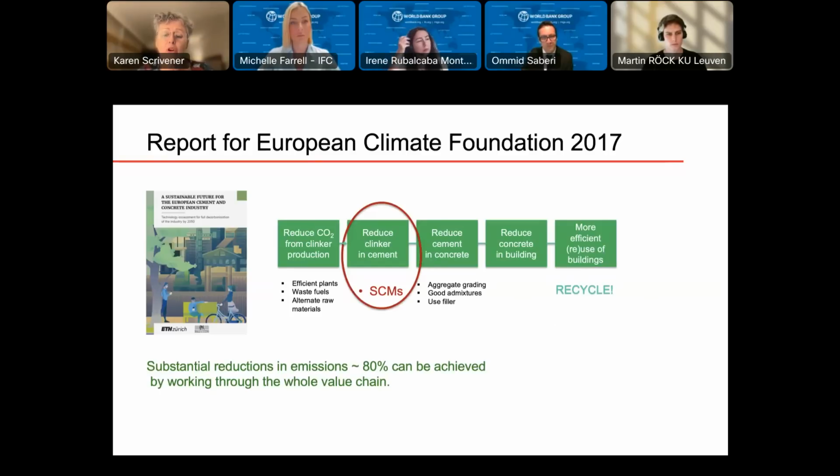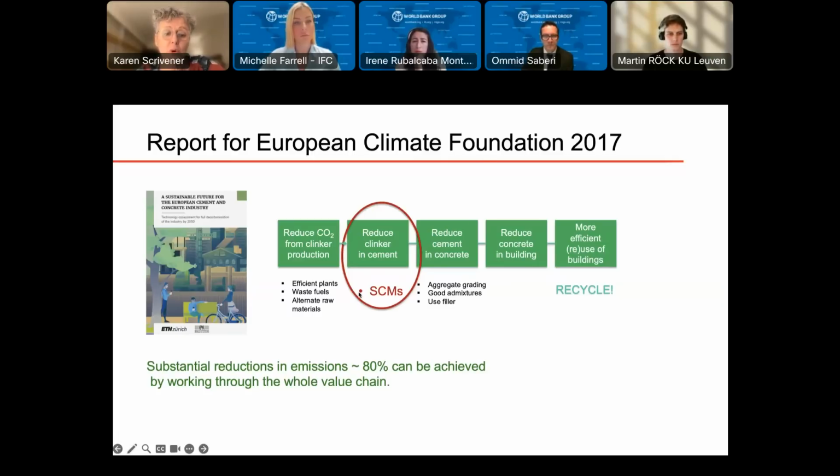So, for example, for concrete, we need to look through all these different stages, through the stage of the production of clinker I explained earlier, but then reduce the amount of clinker we put in cements by using other materials, which are called SCMs, which stands for supplementary cementitious materials, but then go on to reduce the cement in the concrete, which can be done through good aggregate grading and use of admixtures, and then think about using the concrete efficiently in the buildings, and of course, really considering whether we need to use new buildings or whether we can reuse buildings or recycle.